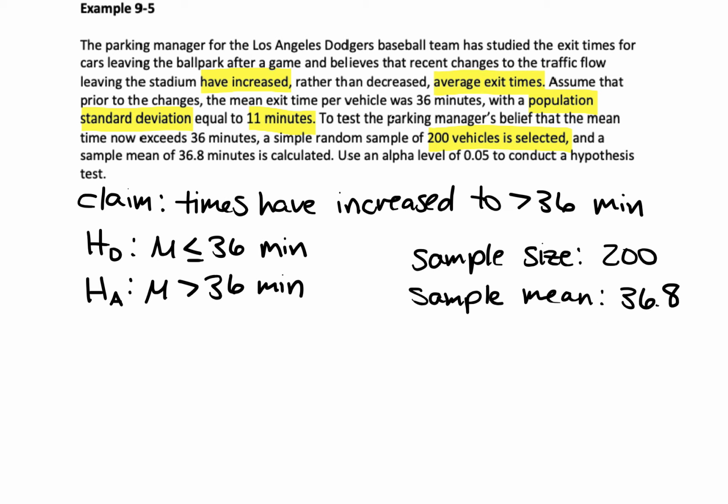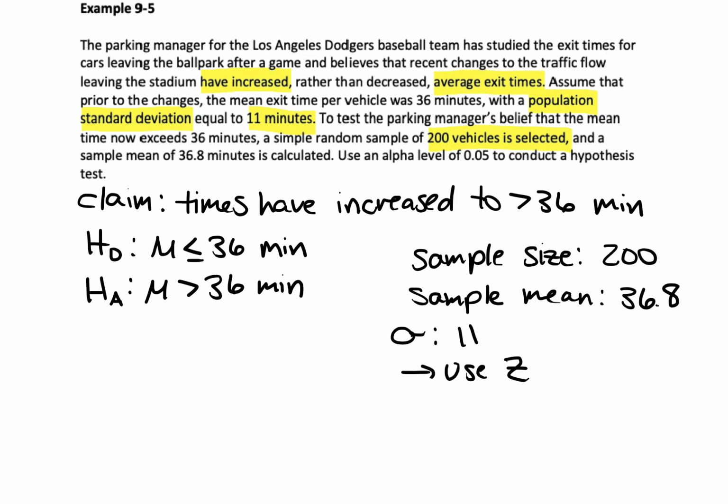And then my standard deviation. Now this is a population standard deviation. So I'm going to use the sigma, which is 11 minutes. And so that tells us that we're going to use z instead of t.